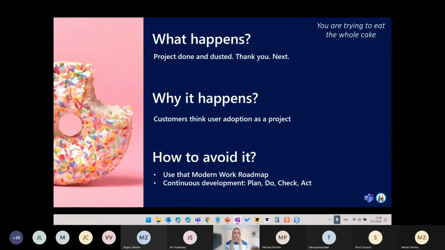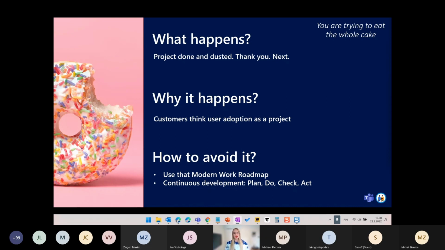And I have had many cases and many projects where the project has been well. We have done lots of user adoption within the project. So, for example, the Champions Network is up and running. We have everything up and running. Everything is going good.